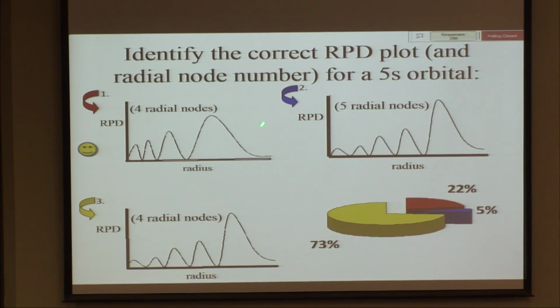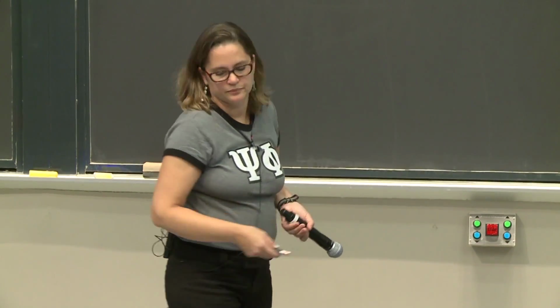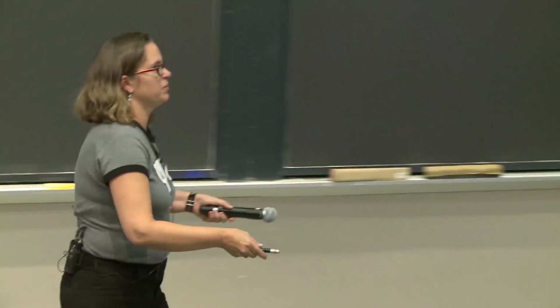So we'll have nodes going down here, but then we'll have more distributions. Often the taller ones indicate where the most probable radius is, and that's usually drawn at the end. We're going to look at more plots, don't worry.